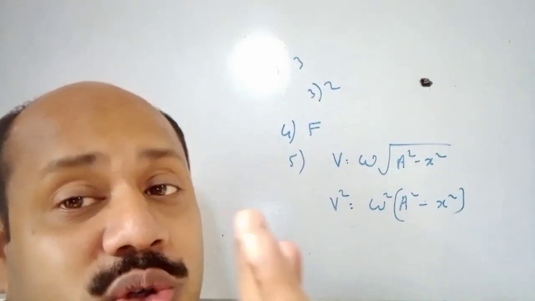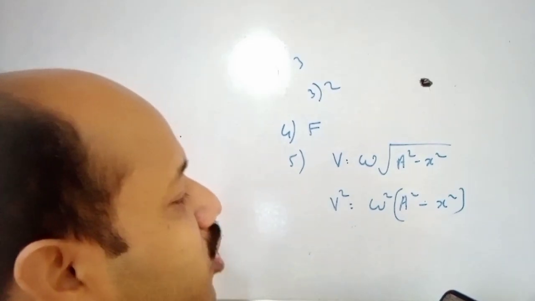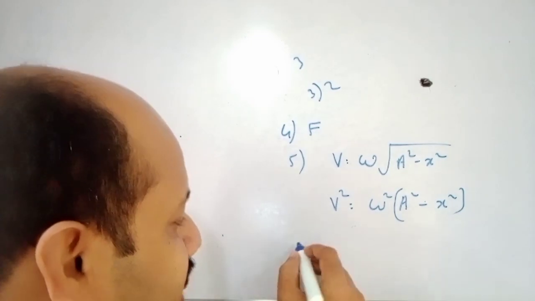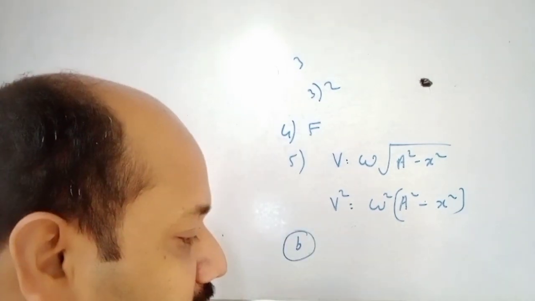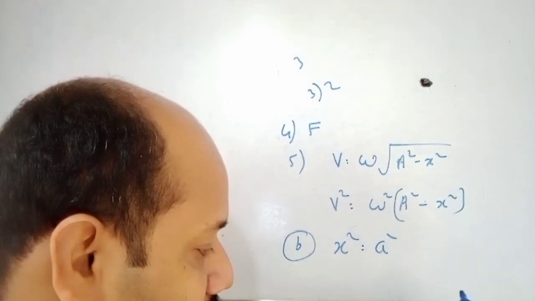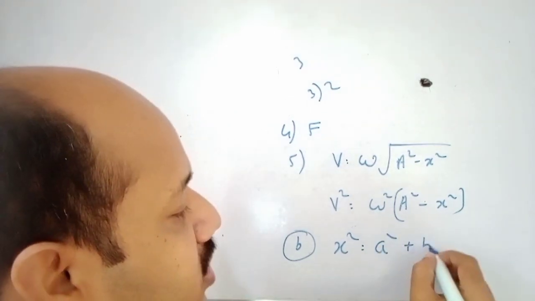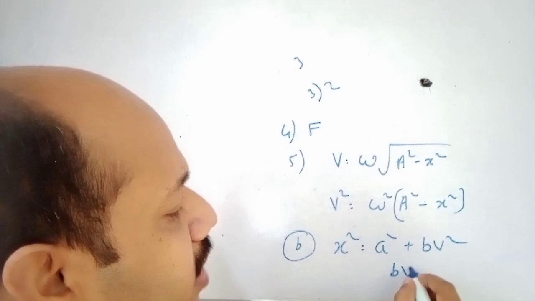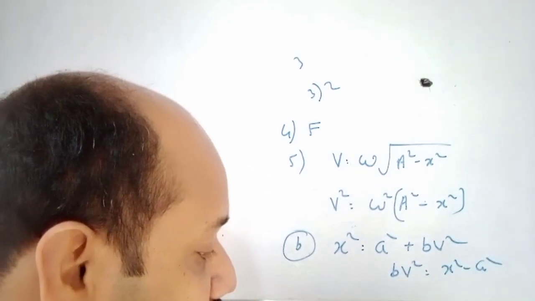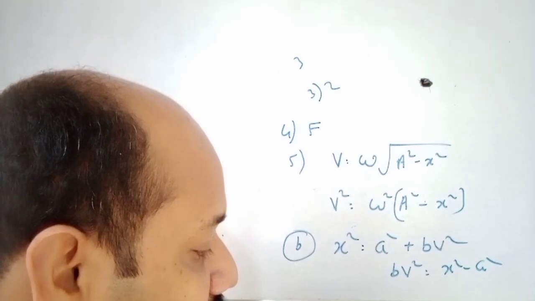In that there is no V square. V square proportional to X square is wrong. Now, second choice, B choice. On expanding it, what do you get? X square is equal to A square plus BV square. Then we get BV square is equal to X square minus A square, right? That is also wrong.